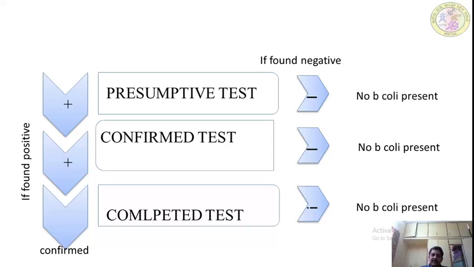If a positive result comes, that is, if bacteria are observed, then a completed test is conducted to confirm the presence of the bacteria. I hope you understand the flow diagram.